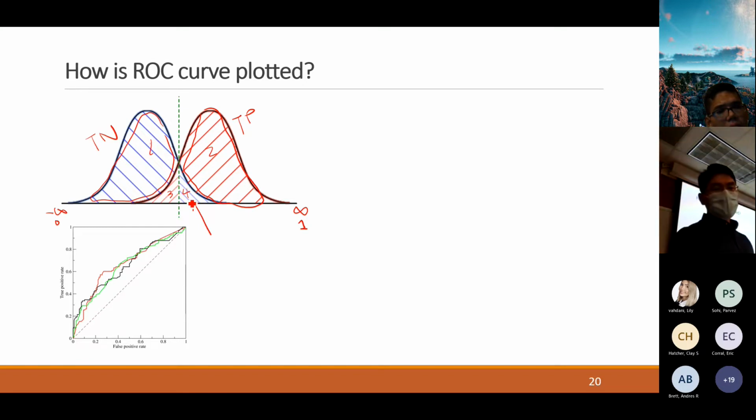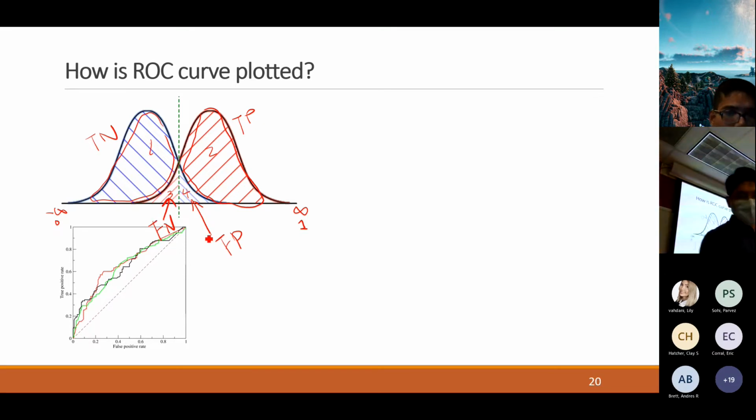The light blue to the right of the threshold, what are these? False positive, because it lies in the positive prediction region, right? And light red would be false negative.